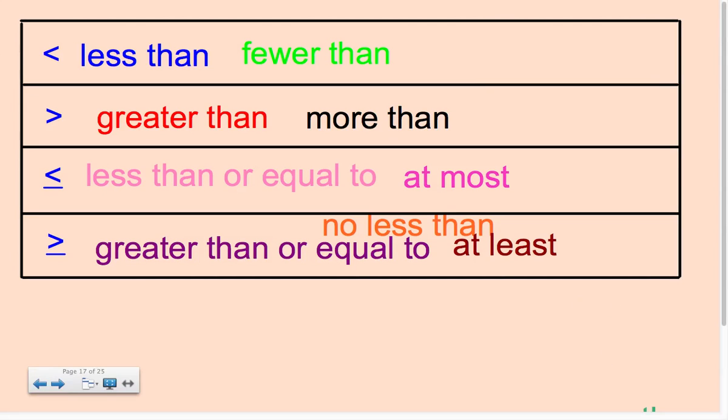And then I think I'm missing one. We are missing no more than, which maybe it's on the bottom here. Yes, no more than 5 apples means I have less than or equal to 5 apples. This is not a chart you'll be able to use on the test or quiz, but it is something that you can use on your homework if you're still trying to get the hang of what words mean which inequality symbol.